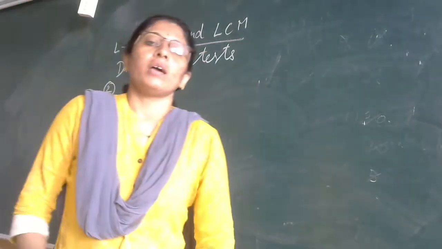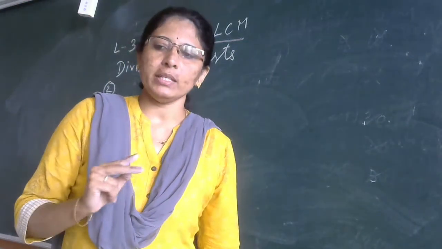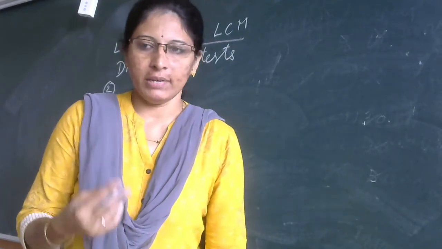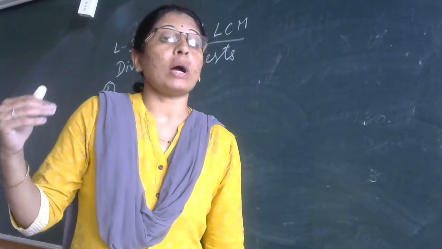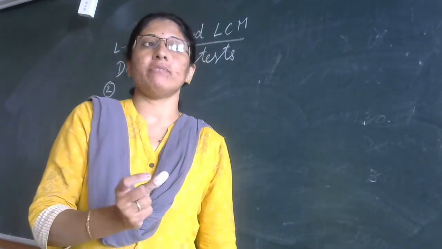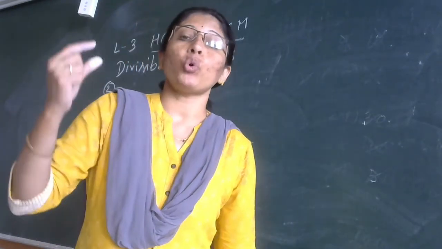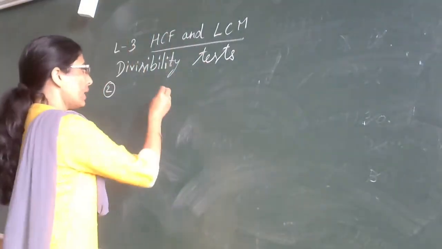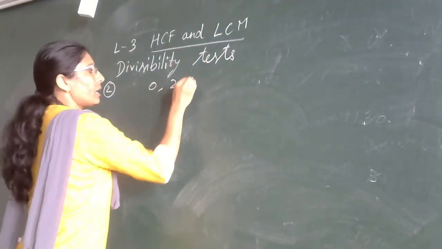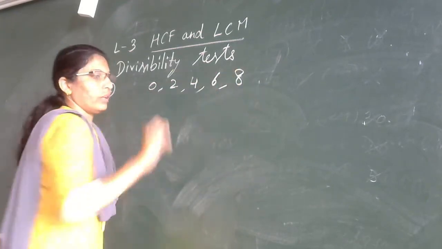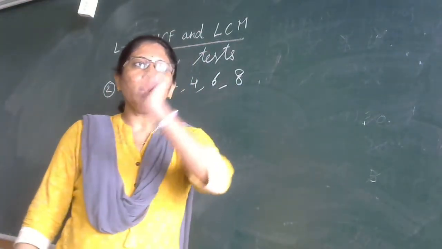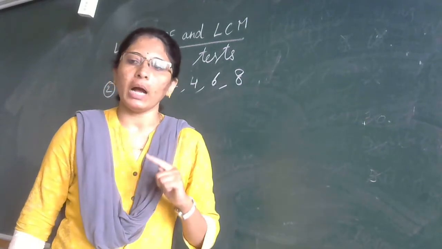A number is divisible by 2 if the digit in the ones place is 0, 2, 4, 6, 8. Means if in ones place these digits are there, that means that full number is divisible by 2.